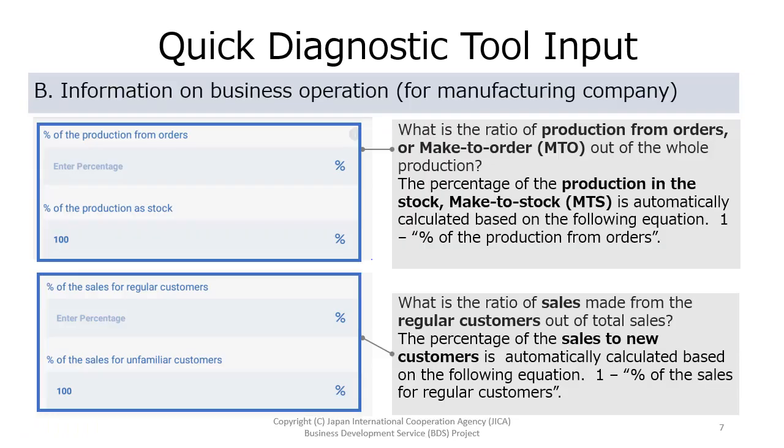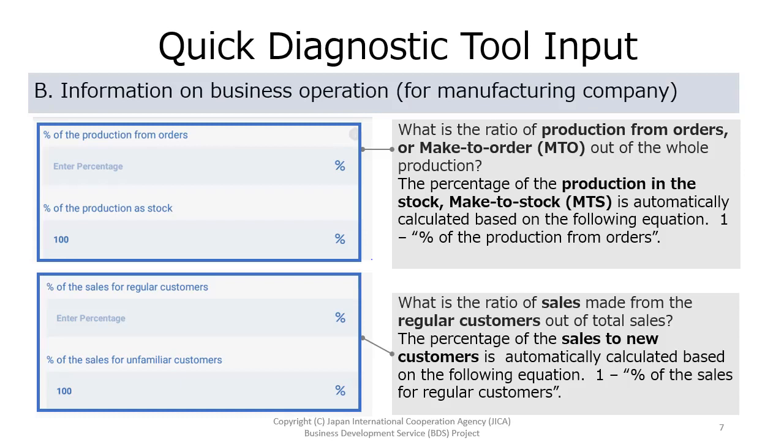Then, you ask how much of the MSME's productions are from orders. You now know what MTO or make to order is from the previous videos, right? When you input the percentage of MTO, production as stock or MTS is automatically calculated, so no need to enter here. You will then ask percentage of customers who are regular.